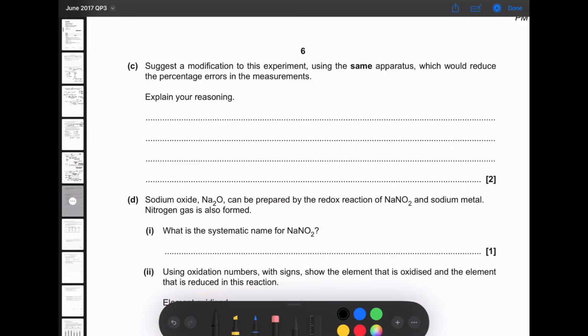Suggest a modification to this experiment using the same apparatus, which would reduce the percentage errors in the measurement. Or if we have to use the same apparatus, how are we going to reduce the percentage error? Well, we're just going to use a larger mass of reactants. Larger mass, name your reactant, of sodium oxide.